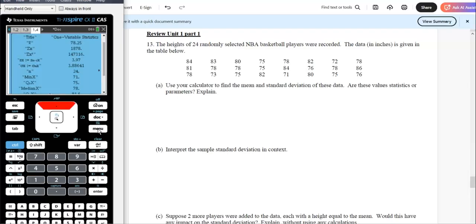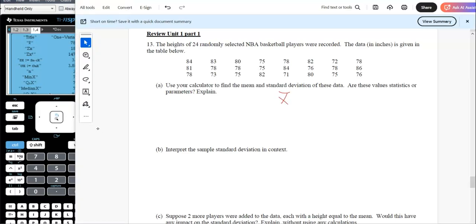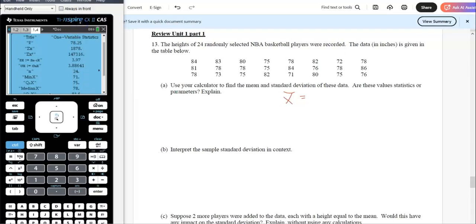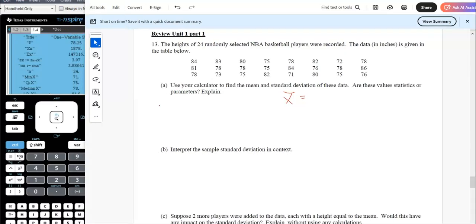So I got to find the mean and standard deviation. X bar is 78.25.